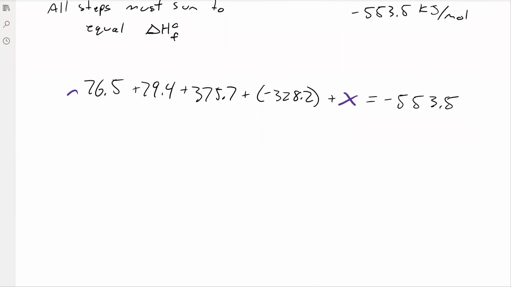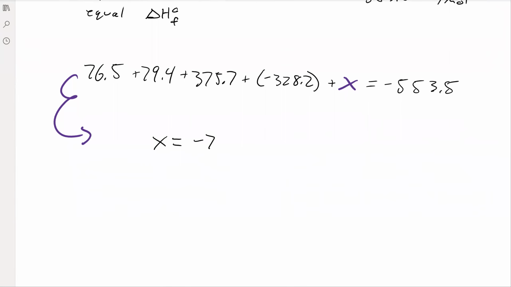And so then we can rearrange that equation. I'll leave that up to you to do. X here will then equal negative 756.9 kilojoules per mole. And that's what's equal to our lattice energy.